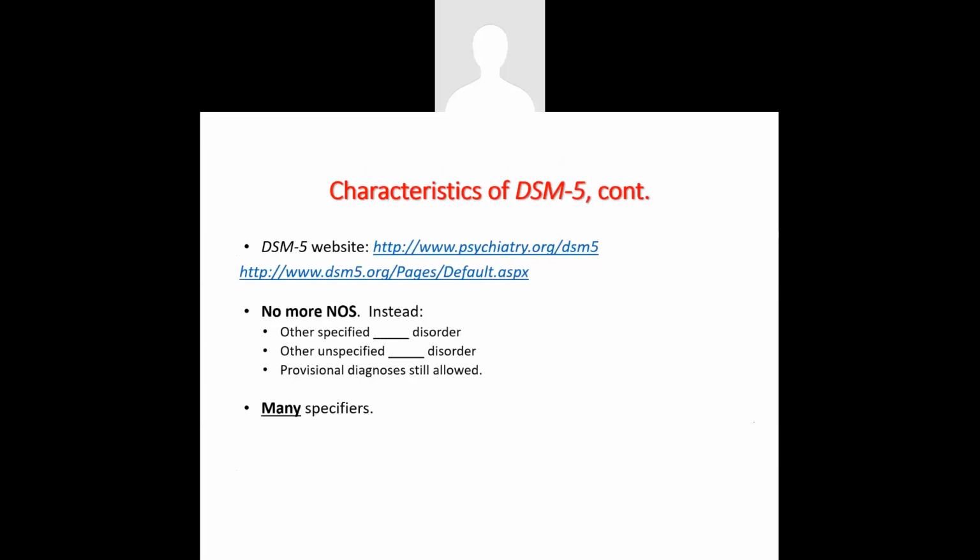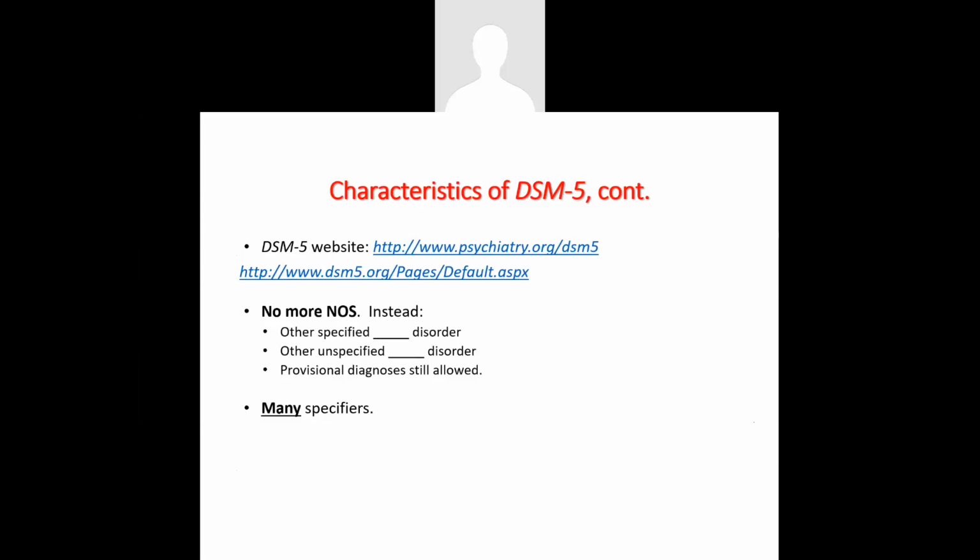There is a website where you can go and find all of this, as well as scanning through it to get to the right diagnoses. Another change is that you'll see we got rid of this idea of the not otherwise specified. You used to be able to apply this not otherwise specified to most of our diagnoses.